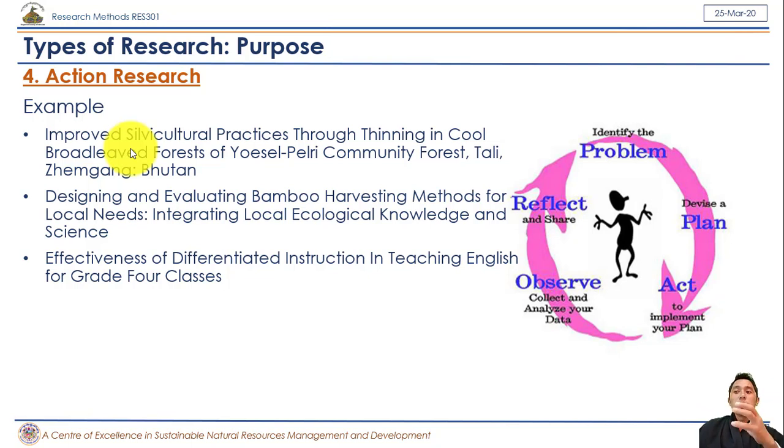Then they did the acting of thinning on the community forest and now see the change. And they saw that the silviculture practices had actually improved. So can you see that the action research is going on? And there are lots of action research. Just have to know that action research is problem, solution, solve the problem with that solution. Again, get back to the problem, checking whether that is improved or not.